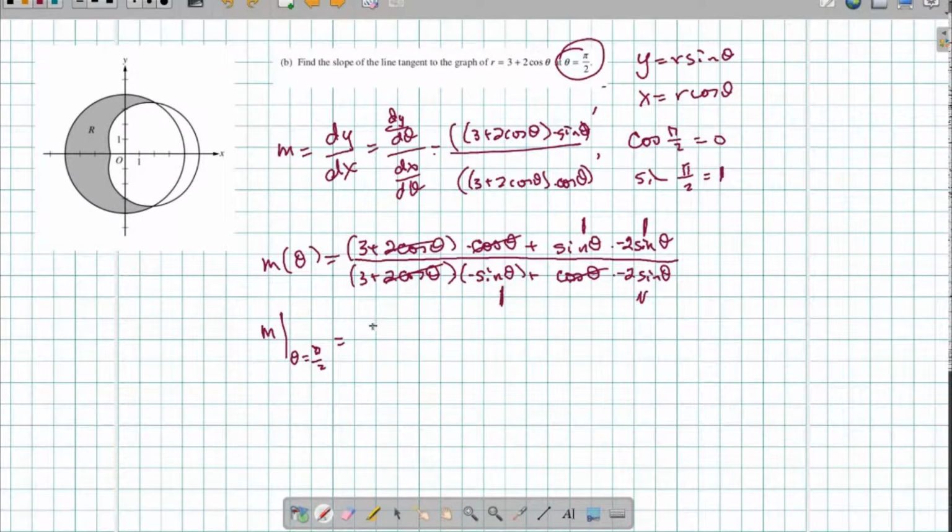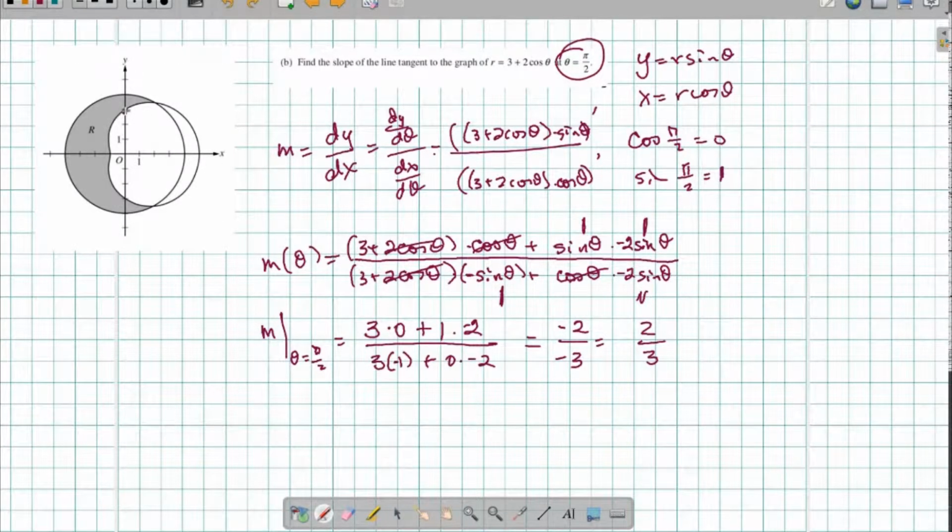So what I've got is 3 plus 0 times 0, plus 1 times, in this case, negative 2, over 3 times 1 times negative 1, because of this negative sign here, plus 0 times negative 2. I certainly can leave it like that. I don't have to say that it's going to be equal to negative 2 over negative 3, or 2/3. But I can use this to justify what's going on.